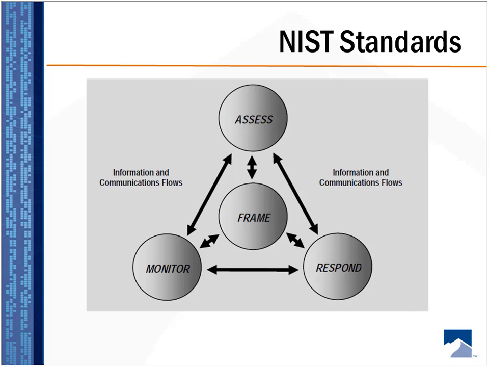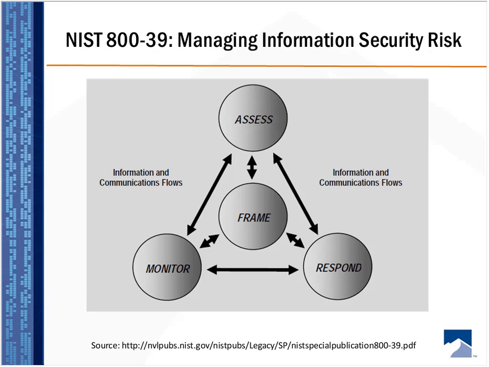800-39, Managing Information Security Risk, is very high level, and it basically is a model where an organization can not only manage compliance risk, be it HIPAA or other compliance risk, but any kind of enterprise risk.